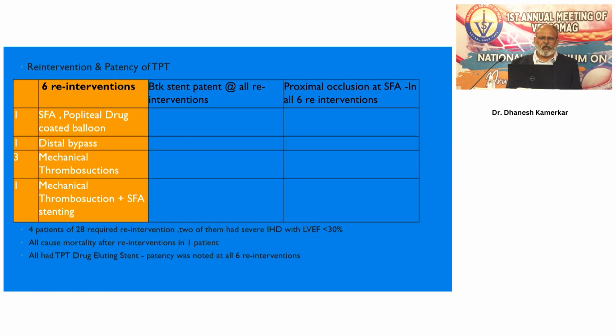Out of these re-interventions, in 1 patient we did SFA popliteal drug-coated balloon, in 1 we did a distal bypass, in 3 patients we did mechanical thrombosuction, and in 1 patient we did mechanical thrombosuction and SFA stenting again.